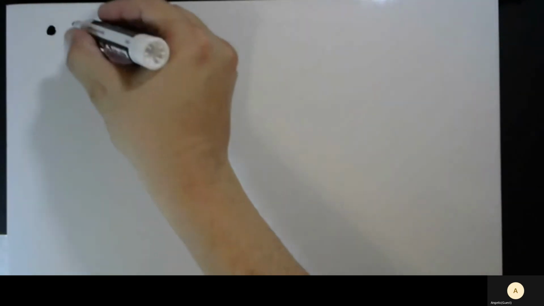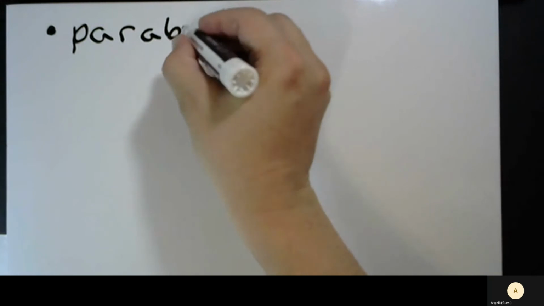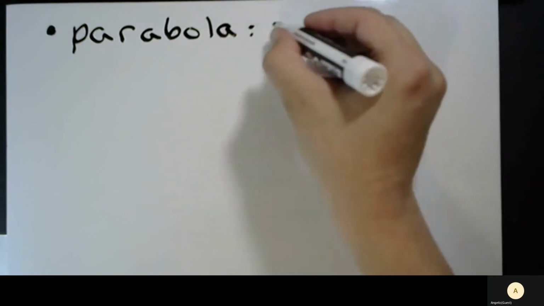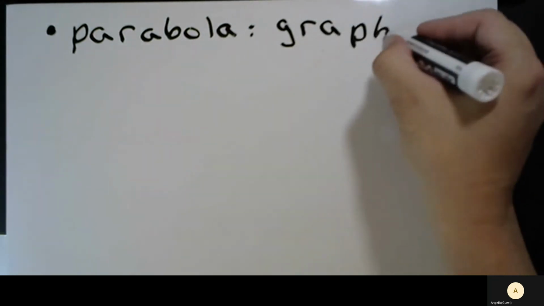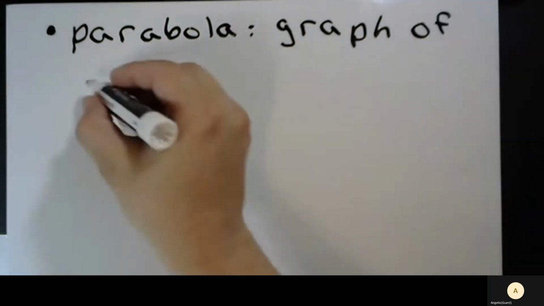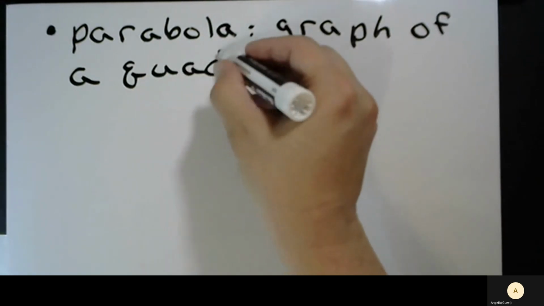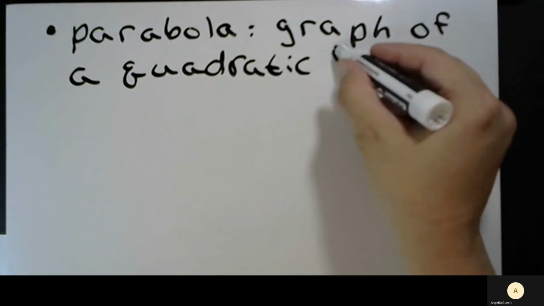So the parabola is going to be the graph of a quadratic function.